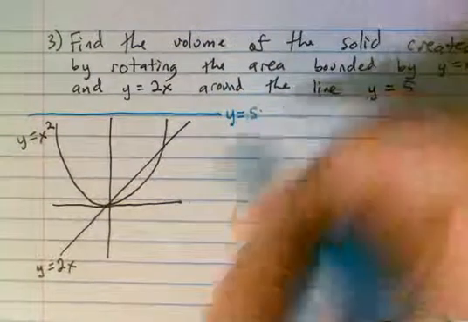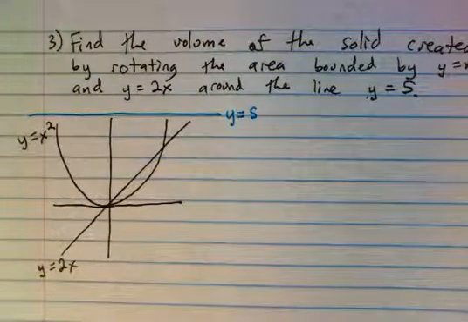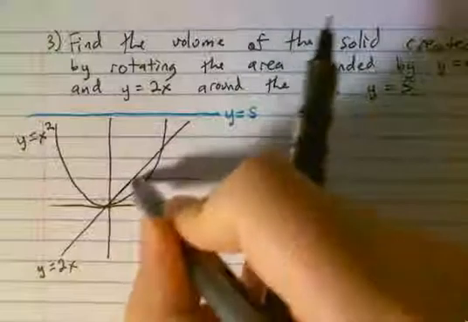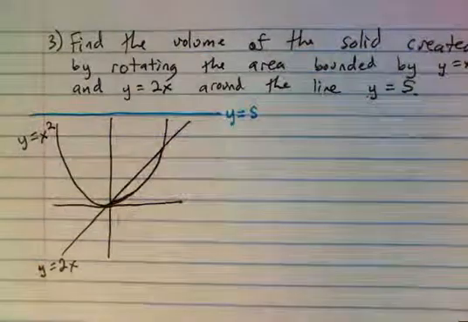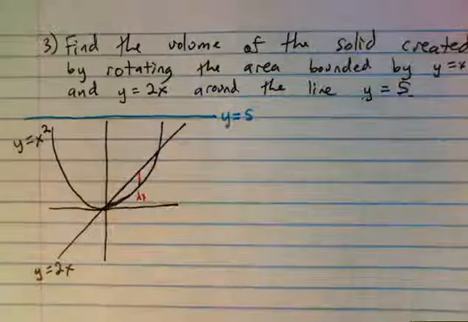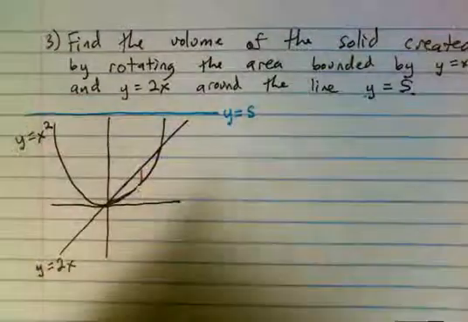Y equals 5. So we've still got the same thing. Our area is this piece right here. We're going to draw our rectangle perpendicular, so that means we've got a dx. Actually, I'm not going to put that down there because I'm going to be writing more down there. Let's put that up here.